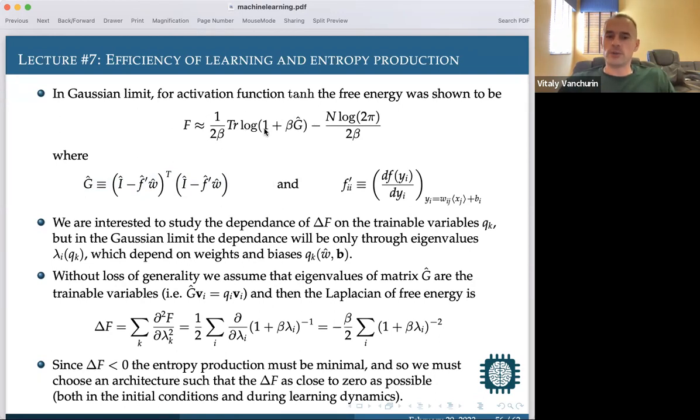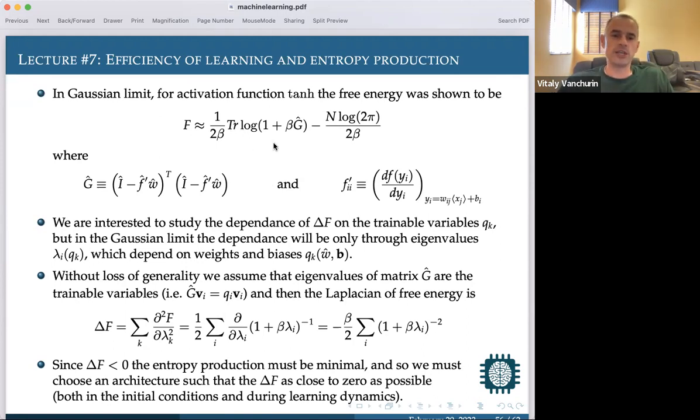And not only free energy, you can calculate all other properties, such as the Laplacian of free energy. Now, however, we have to be careful here, and we're going to do one step that may sound a little bit strange, but this is just because we want to push analytics as far as we can, not because this is exactly how we would be training.